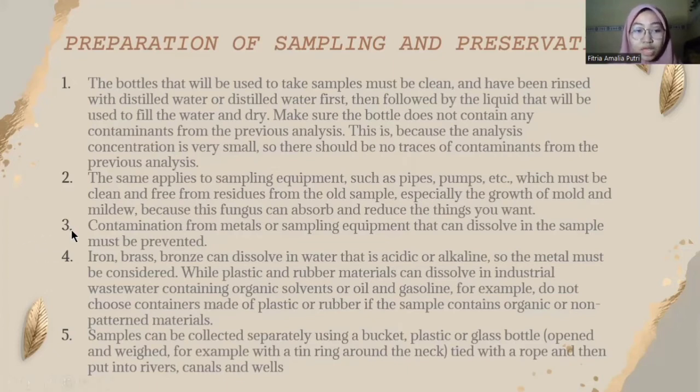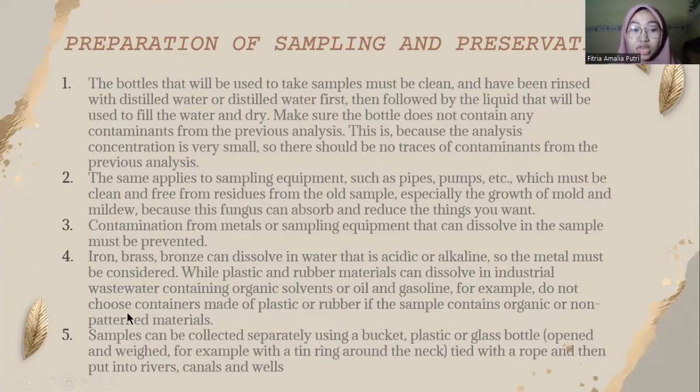And four, iron, brass, and bronze can dissolve in water that is acidic or alkaline, so the metal must be considered, while plastic and rubber materials can dissolve in industrial wastewater containing organic solvent or oil and gasoline. For example, avoid containers made of plastic or rubber if the sample contains organic or non-polar materials.